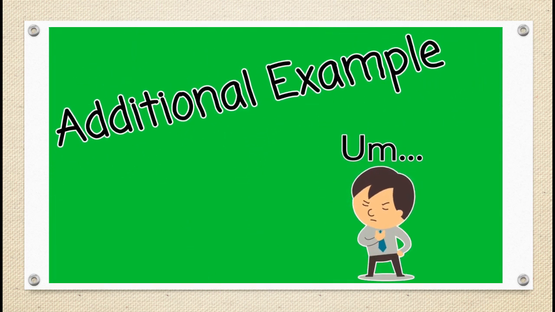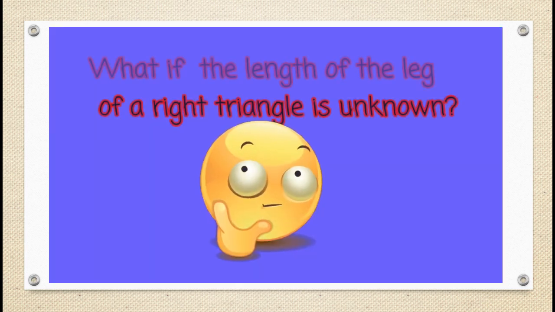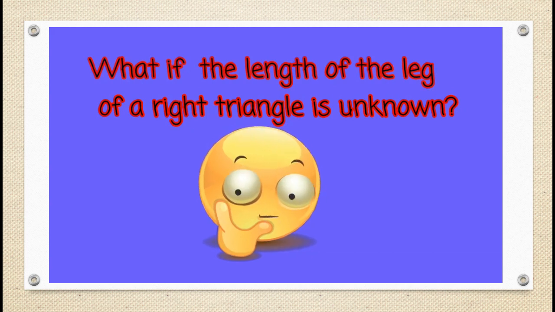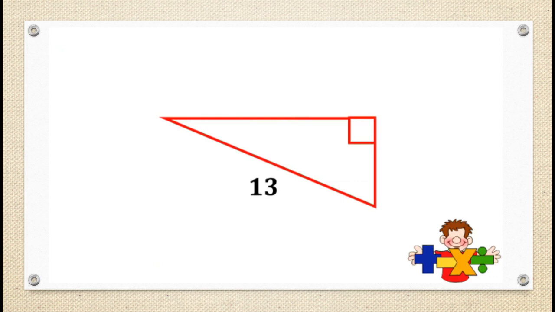Let us have another example. What if the length of a leg of a right triangle is unknown? Given a right triangle with a hypotenuse of 13 and one leg of 12, we will solve for the length of the other leg.